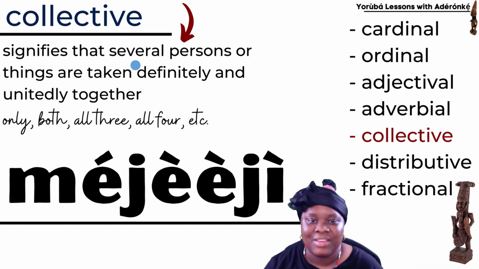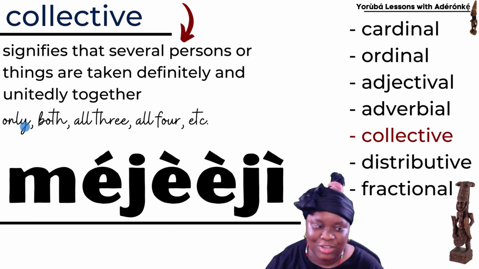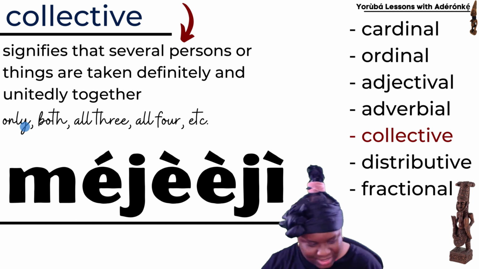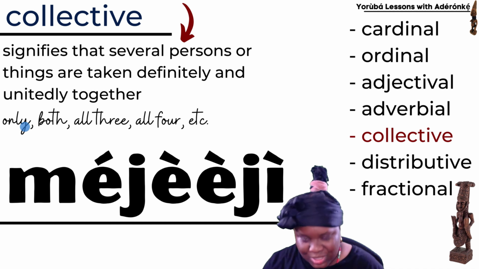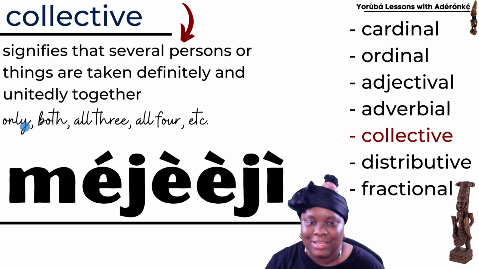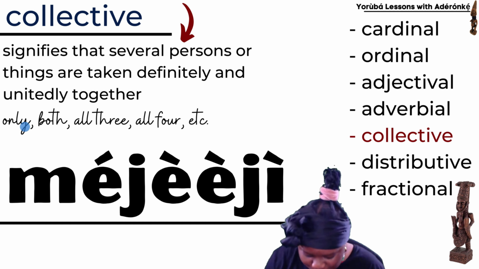Next, we have the collective form. The collective signifies that several persons or things are taken definitely and unitedly together. In the collective case, you're counting definitely, unitedly, collectively and totally together.